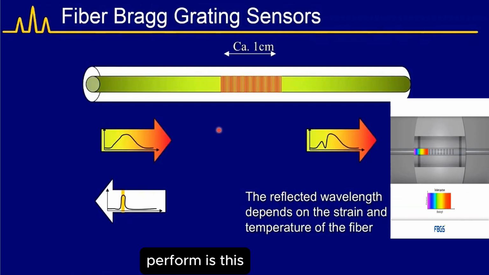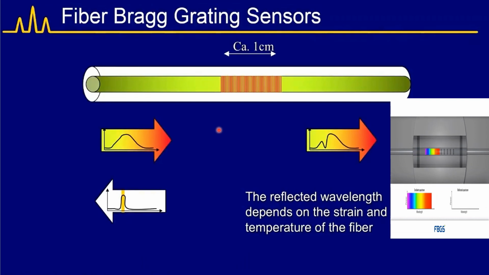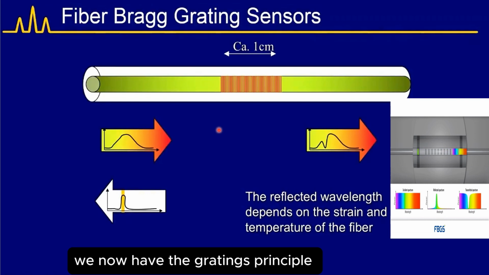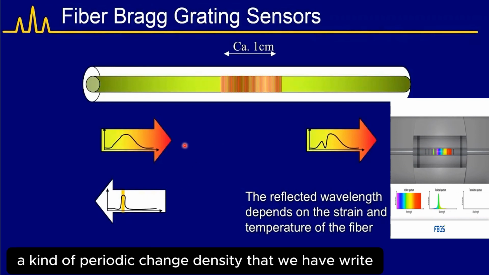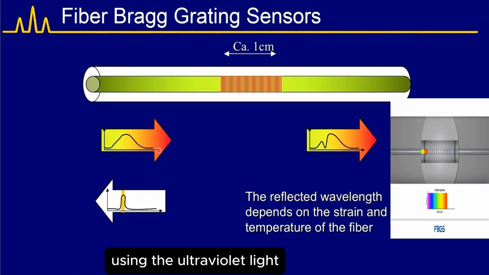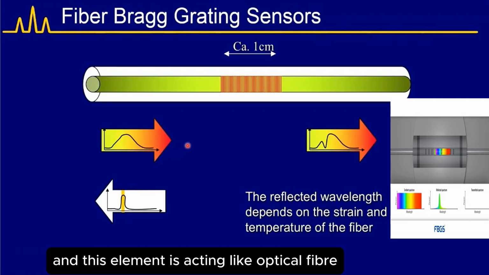The measurement principle of this FBG is slightly different from what we have observed in the point sensor. Instead of having a gap between two fibers, we now have a grating written into the core of the optical fiber, a kind of periodic change in density that we write using ultraviolet light, and this element acts like a mirror in the optical fiber.